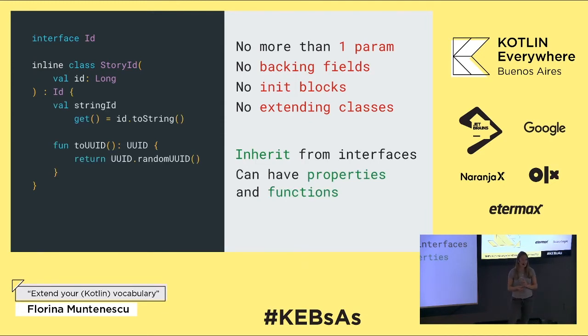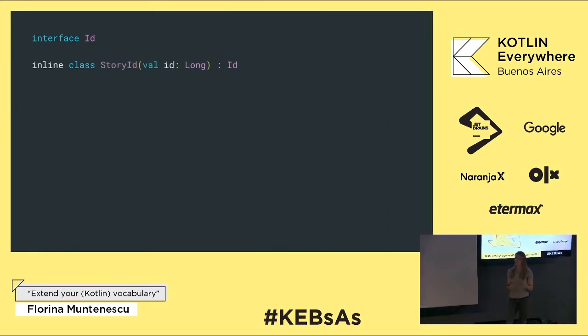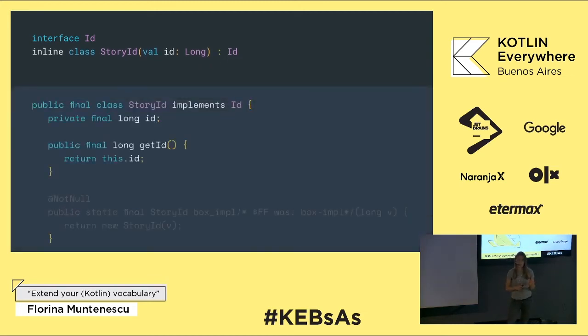Okay. So let's see what happens with inline classes and why they are useful, or when. We said that we have an interface ID and an inline class that just wraps an ID. What's the magic there? If you look at the decompiled code, we see that StoryId is just a final class that implements ID, that gets a long ID as a parameter and as a member, and then has a getter for it.